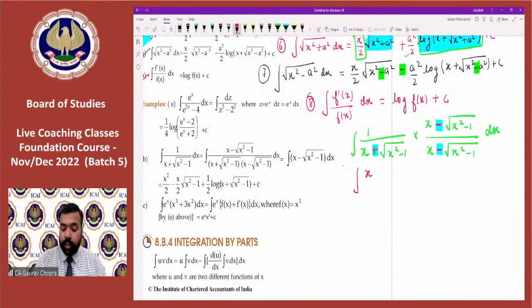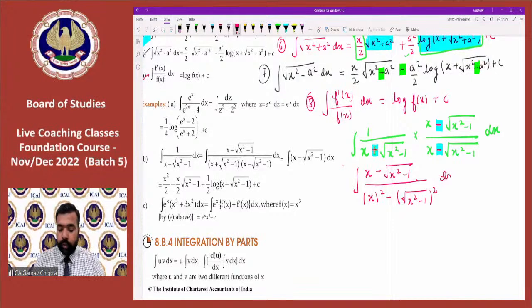The numerator will remain as it is. And in the denominator, there will be an application of the formula a plus b and a minus b, so it can be written as a square minus b square. So here we will write x square minus root of x square minus 1 whole square. This is the b square.